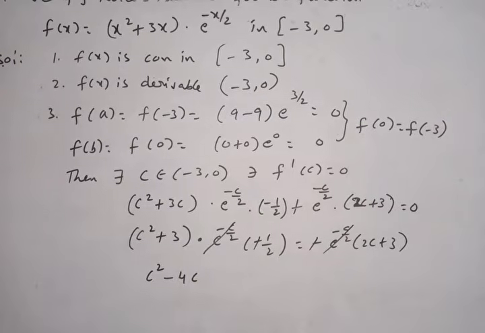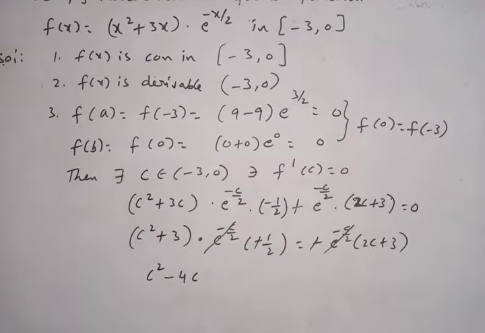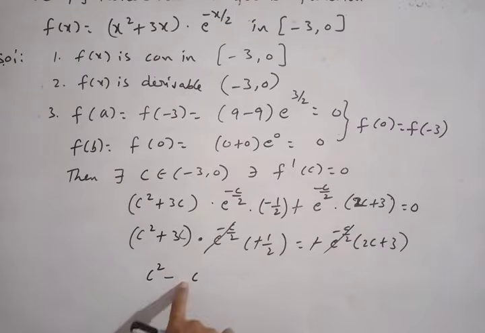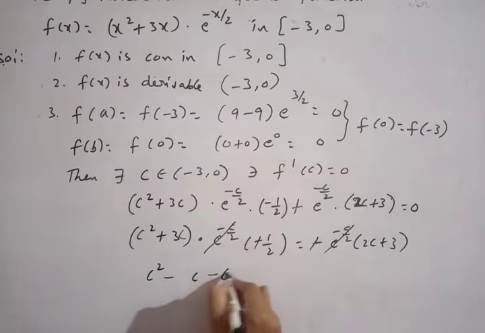So how much will we get here? Minus 4c, 4 will come this side, minus c, minus 6 is equal to 0.